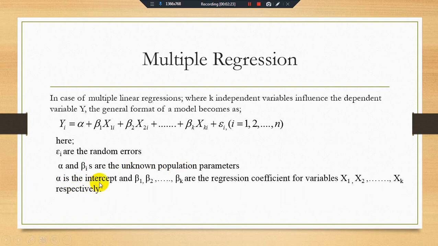Alpha is the intercept, or you can call it a constant, and beta 1, beta 2 and beta k are the regression coefficients for the variables x1, x2, and so on up to xk respectively, and x1i, x2i and xki are the fixed values of the k independent variables.